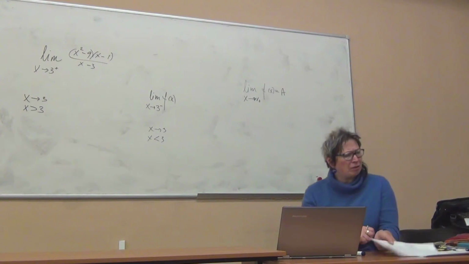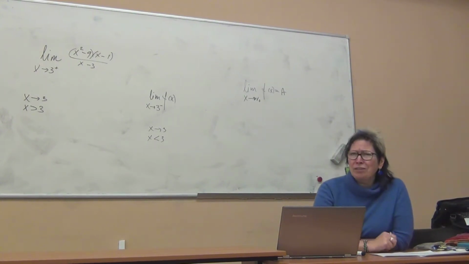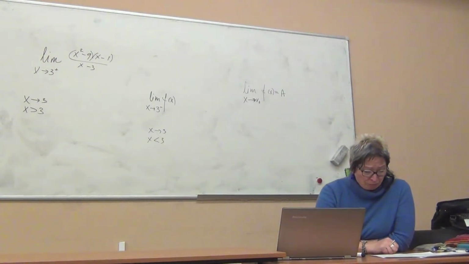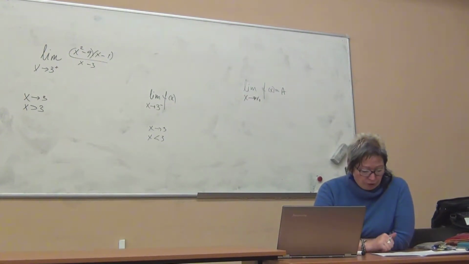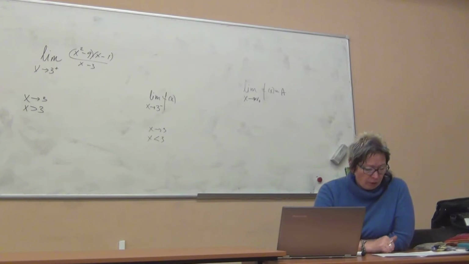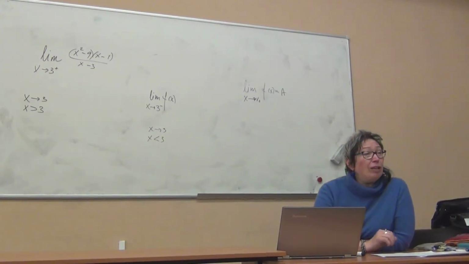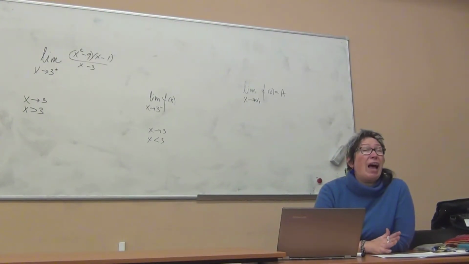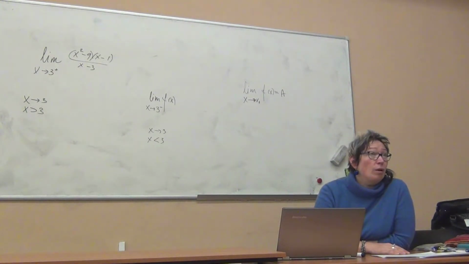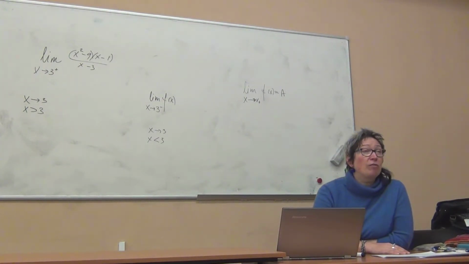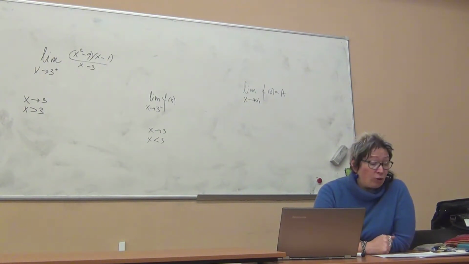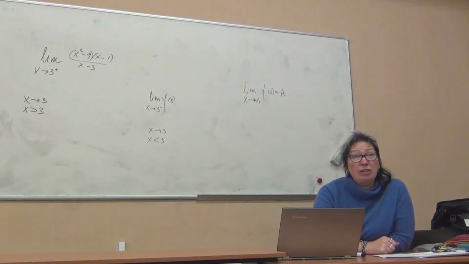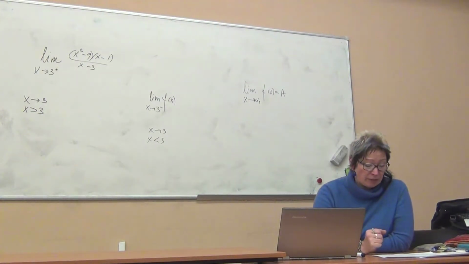There's no a previously. So the function could simply be undefined at that point. It could be infinity, the function value, and the limit could be something else. The actual value of the function does not necessarily have to be the same as the limit.